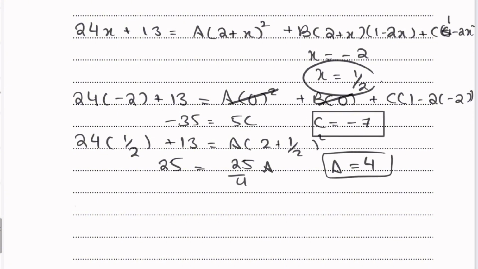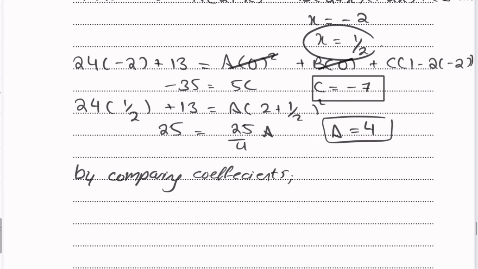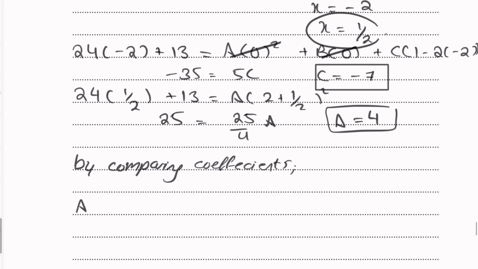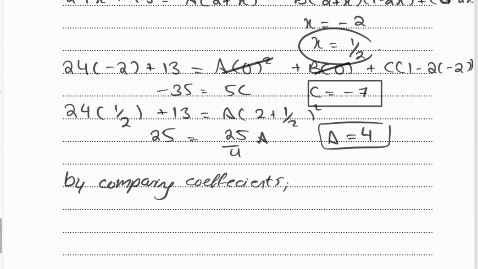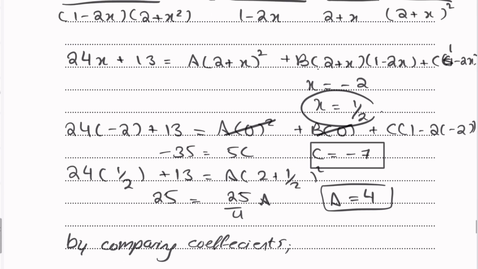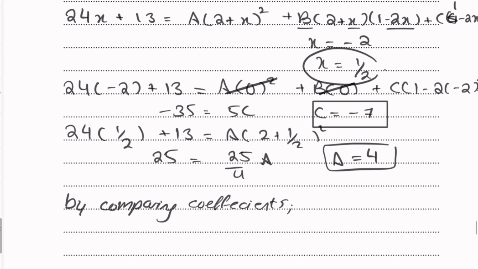So by comparing coefficients, you can say, for example, that B times x times minus 2x gives the coefficient of x squared, and the coefficient of x squared also comes from A times x squared.